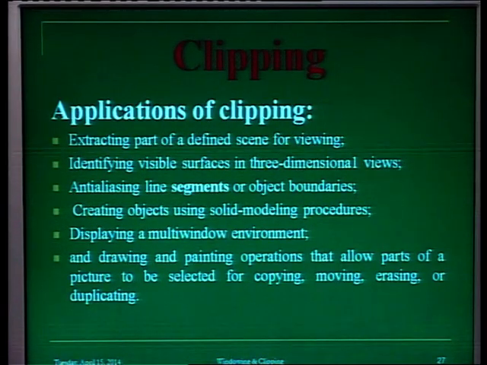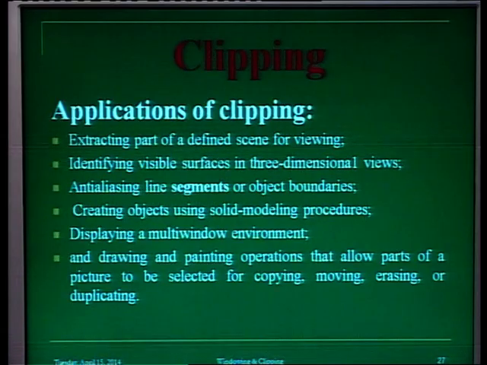Identifying the visible surfaces in 3-dimensional views will be discussed in your next lecture, 3D graphics. Then anti-aliasing the line segments or object boundaries. When we display line segments or other objects, their boundaries or some portions will be aliased. So, by use of clipping, we can anti-alias those segments.